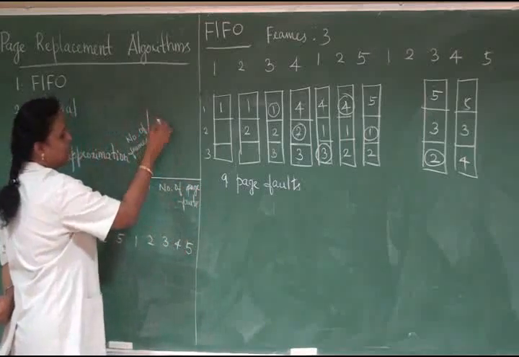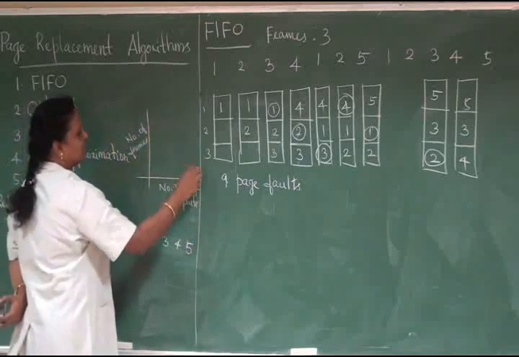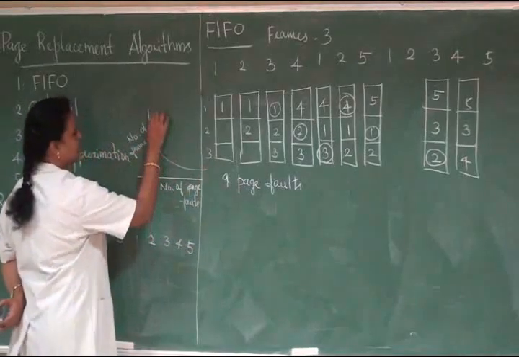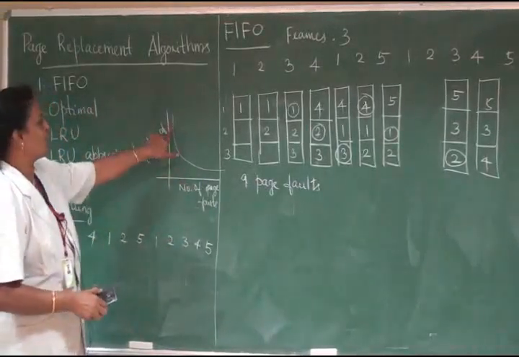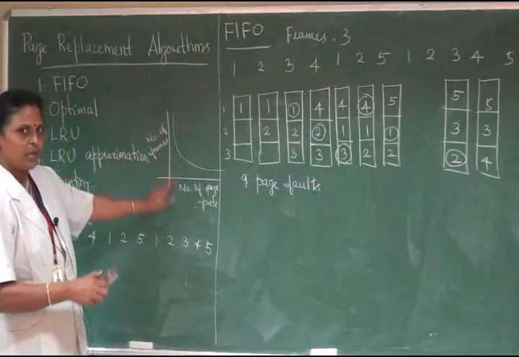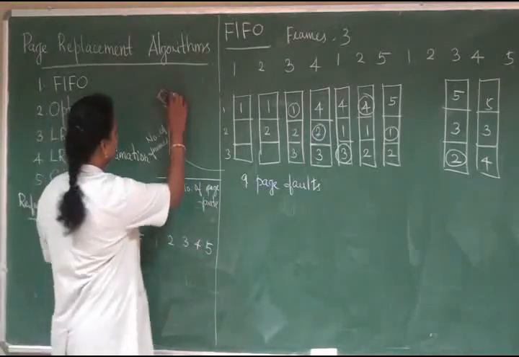So if the number of page frames is increased, the number of page faults decreases. For more frames, the faults will be fewer.